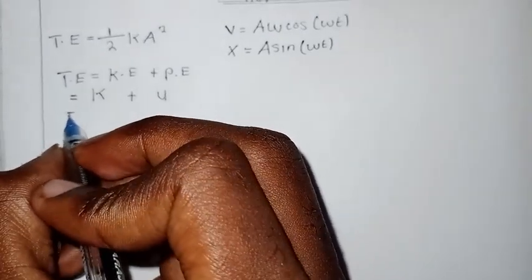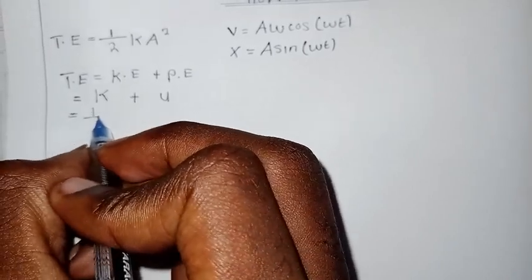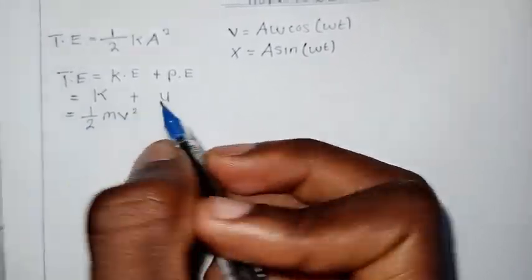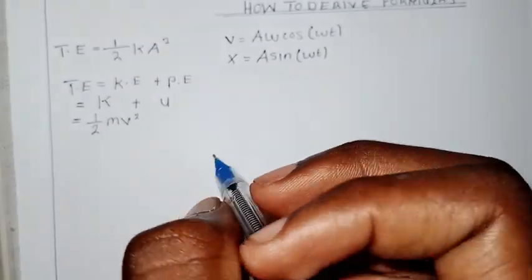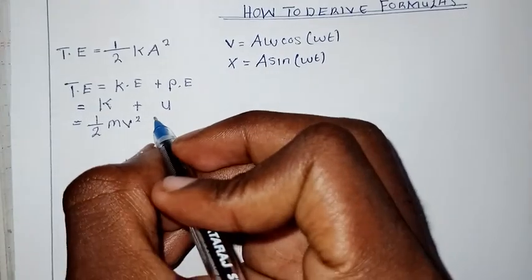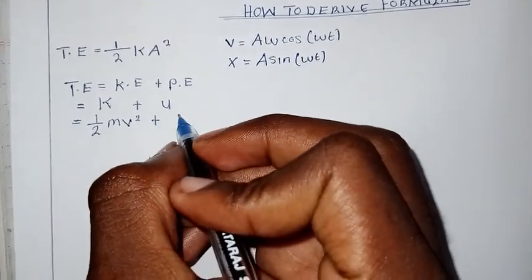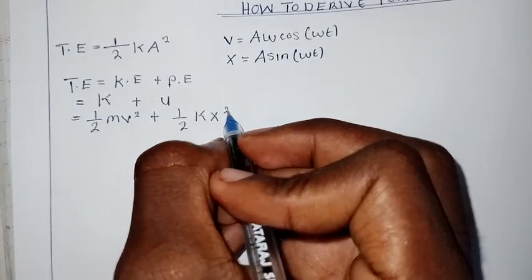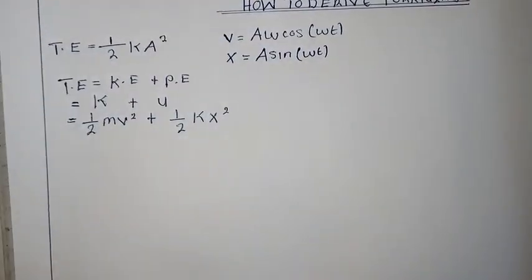But then we know that the formula for the kinetic energy is simply 1 over 2 mv squared. Okay? And the formula for the potential energy is simply 1 over 2 kx to the power 2.